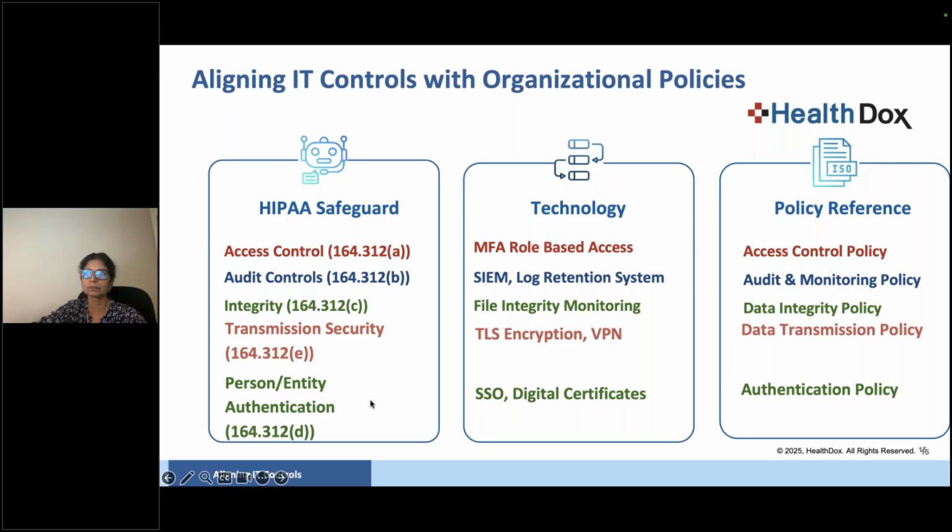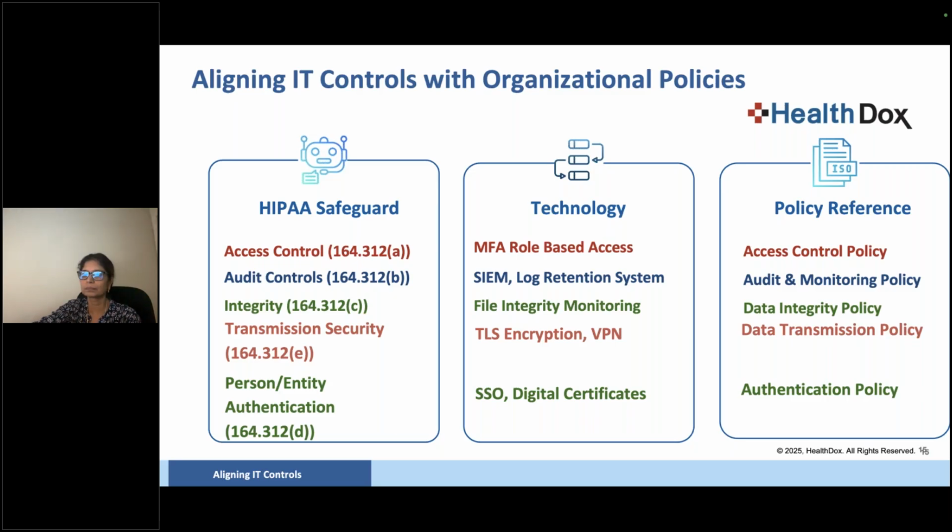So when IT controls and policies are aligned, the audit becomes very smooth and the compliance gaps definitely will shrink, and staff actions always stay consistent because they have understood why these controls exist, how to use them and why they are using them. So their actions become consistent with both regulations and the system configurations, right? It also improves training, because the rules staff see in policy match the rules they encounter in practice.